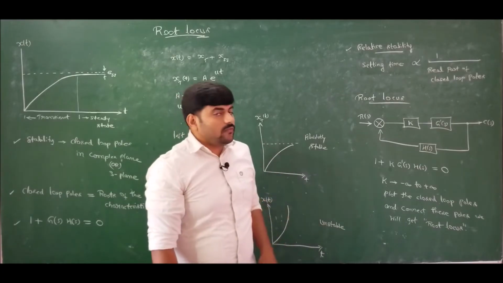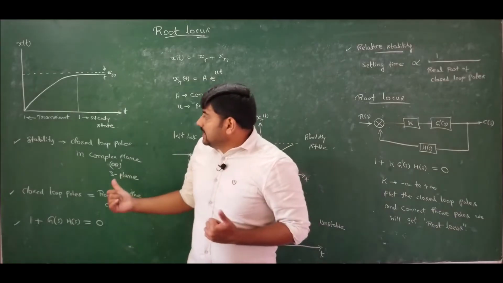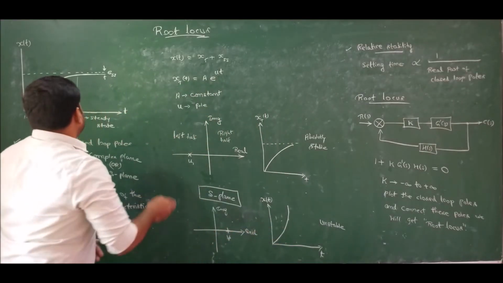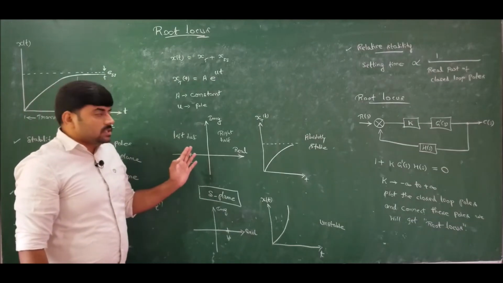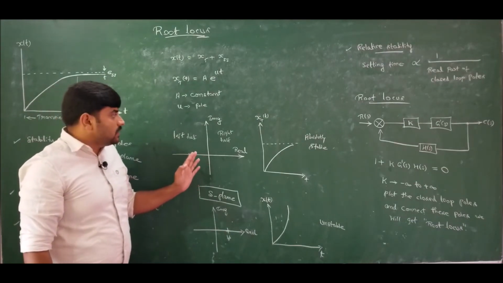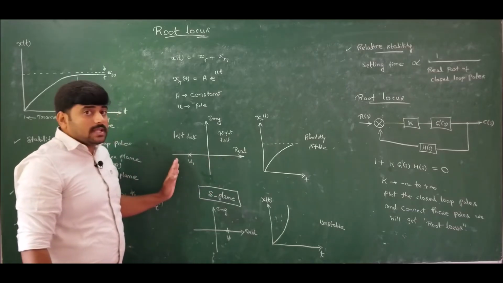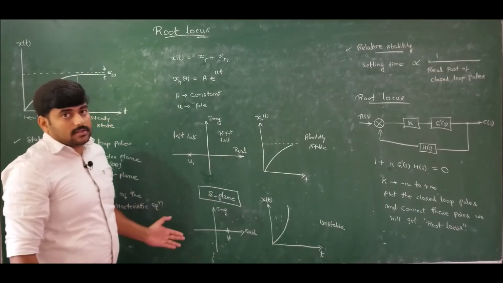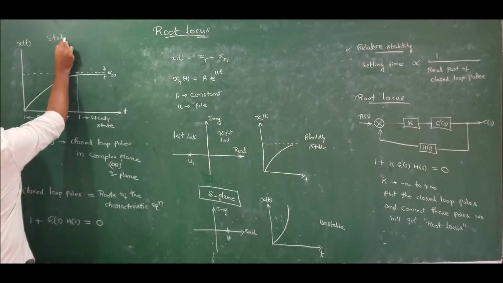Let me pause this video for a while so that you can copy down the concept of stability and relative stability. Why do people say that if the roots of a characteristic equation lie towards the right half of the S plane, the system is unstable, and on the left half of the S plane, the system is stable? This is the reason. So this is the concept of stability.